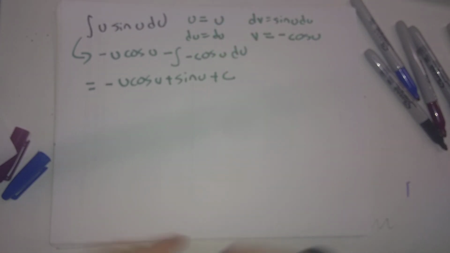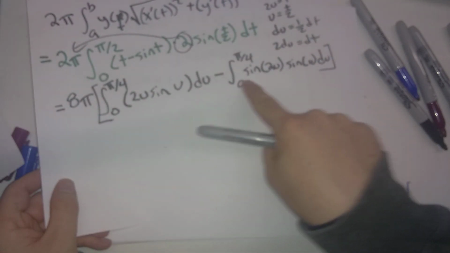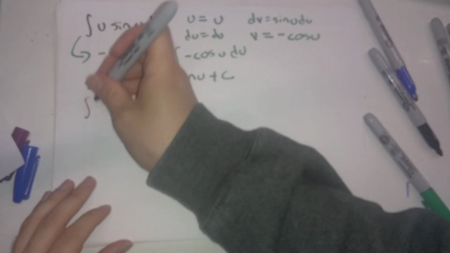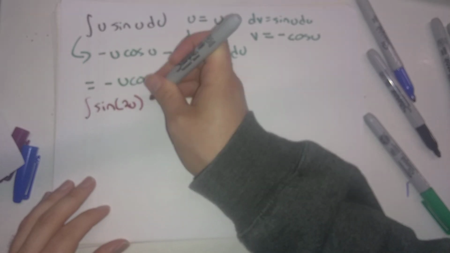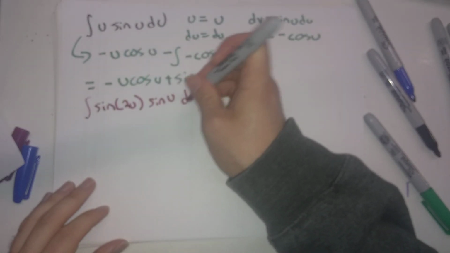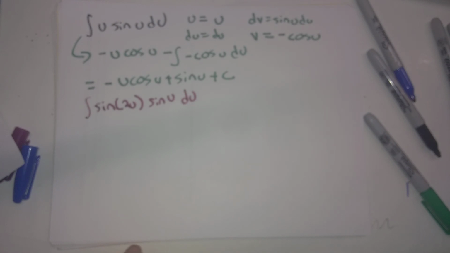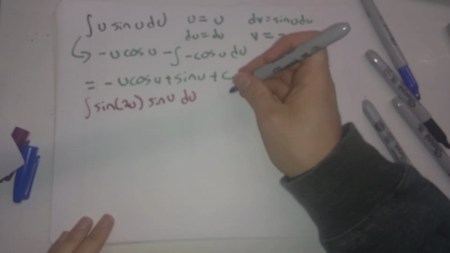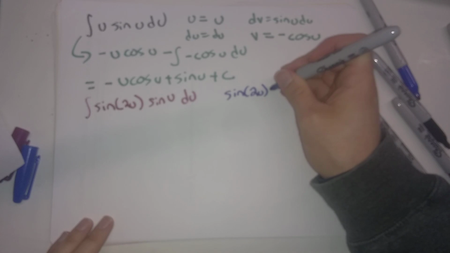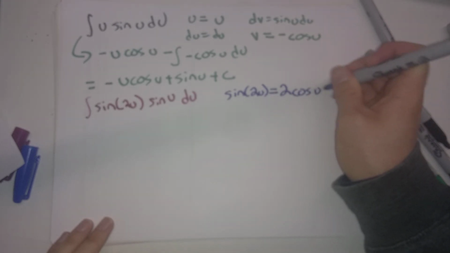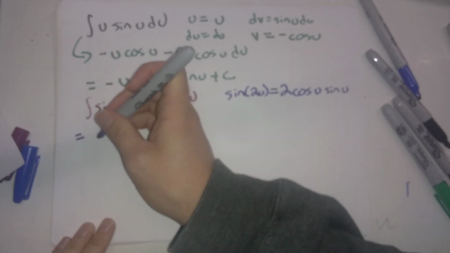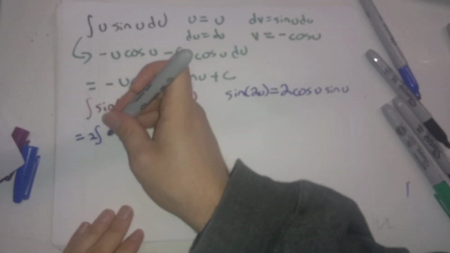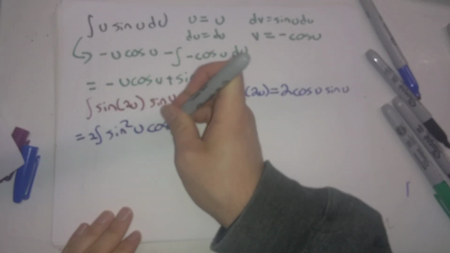So that takes care of one of the antiderivatives we have to do here. For the other antiderivative, the integral of sine of 2u times sine of u du, we're going to use the trig identity that sine of 2u is equal to 2 cosine u sine u. So this is going to be 2 times the integral of sine squared u cosine u du.